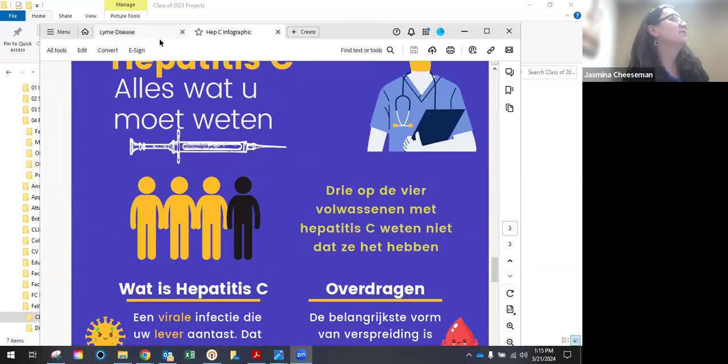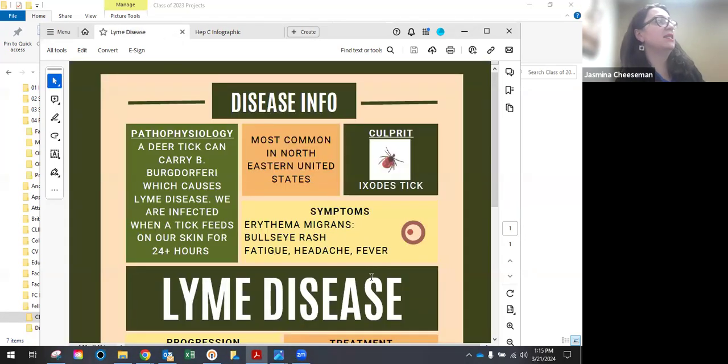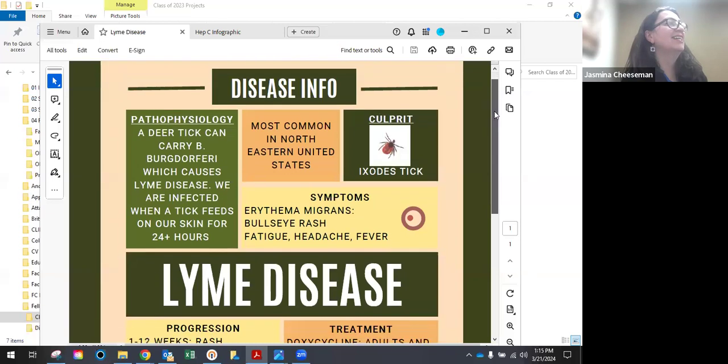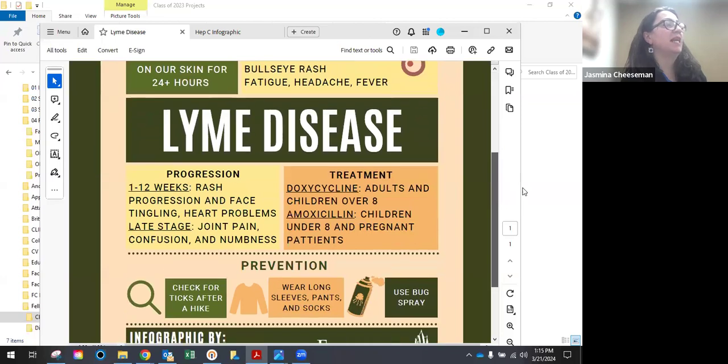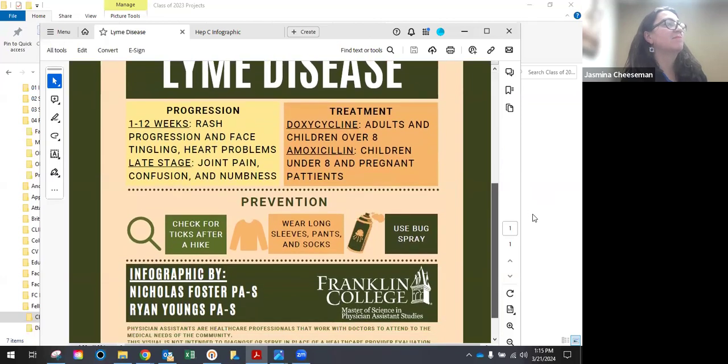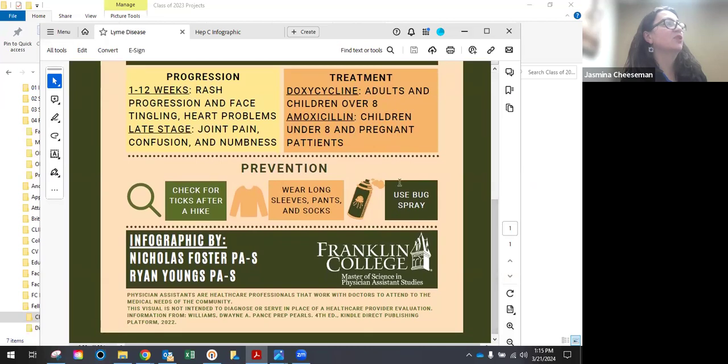Now I'll show you a different one. Here's one on Lyme disease. Again, they did a great job with colors and having an actual tick image here, but still easy for patients to understand. Some good tips here for how to prevent this.